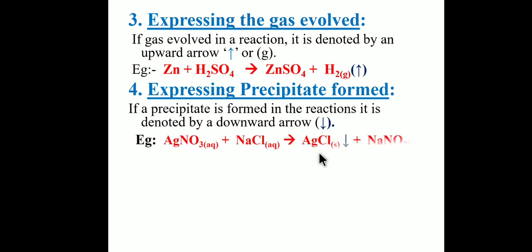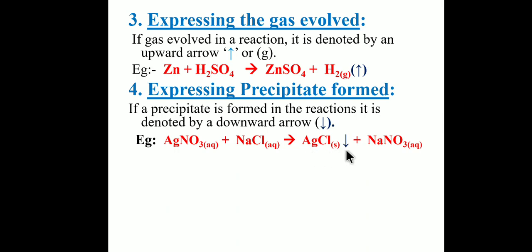Coming to the example, AgNO3, silver nitrate. We are taking it in aqueous form, aqueous in the sense which is soluble in water. Sodium chloride is also taken in aqueous form in water. If you react these AgNO3 and NaCl together, it forms silver chloride, AgCl, which is a solid, insoluble in that solution.